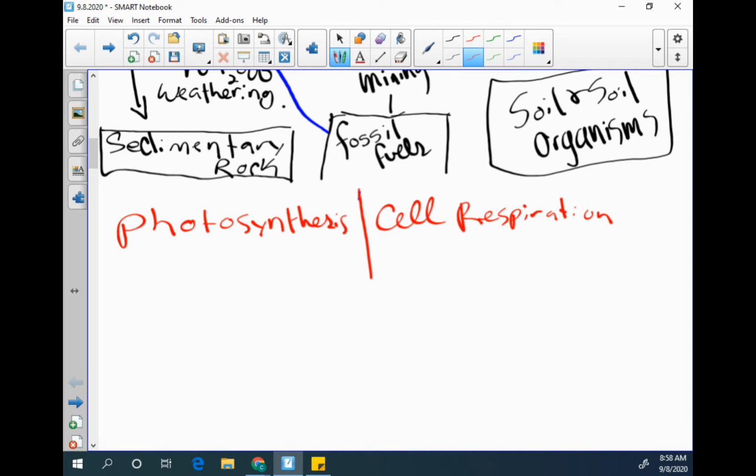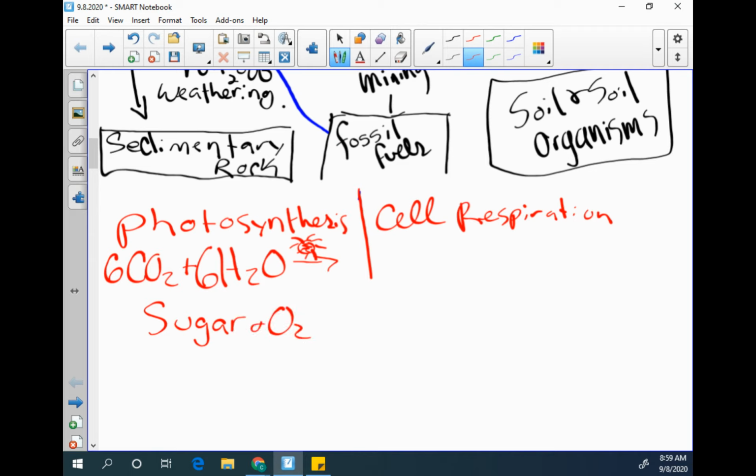So photosynthesis is taking carbon dioxide, 6 of them, and we're going to take 6 waters, and we're going to use the sun. And that's going to give us sugar and oxygen.